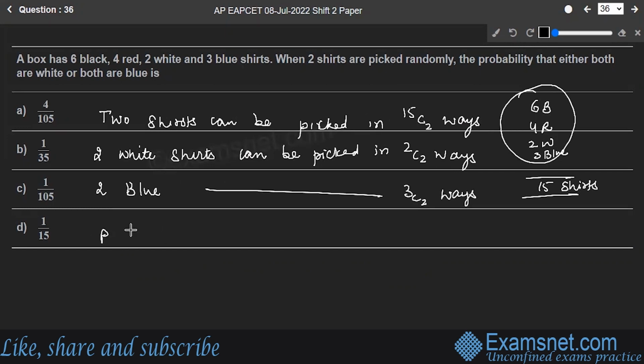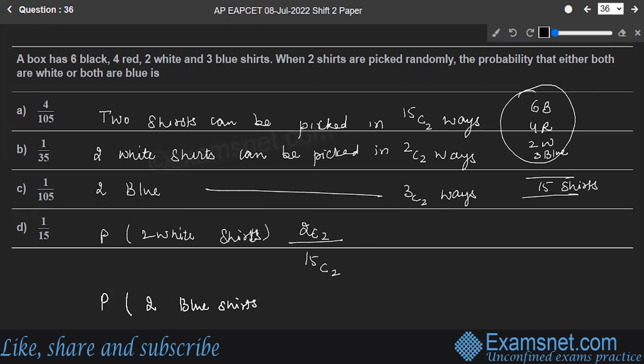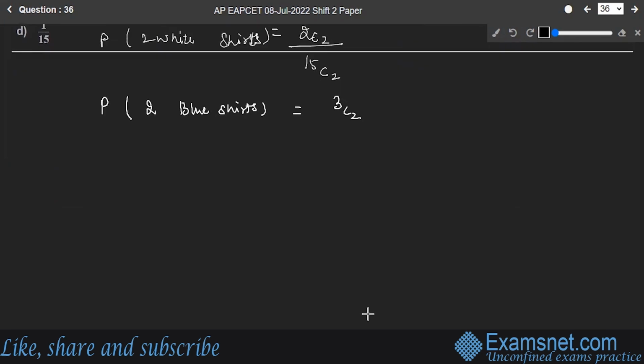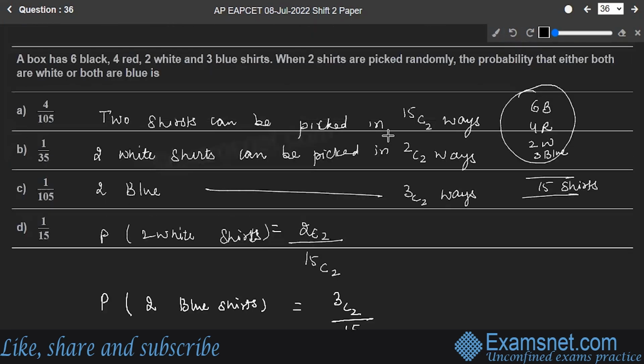Now the probability of getting 2 white shirts will be given by 2C2 upon 15C2, and the probability of getting 2 blue shirts is given by 3C2 upon 15C2.